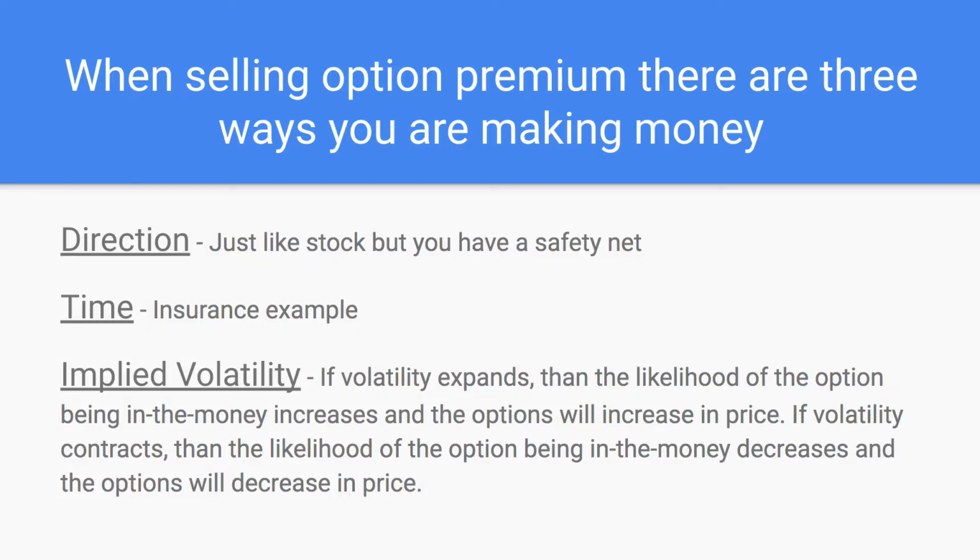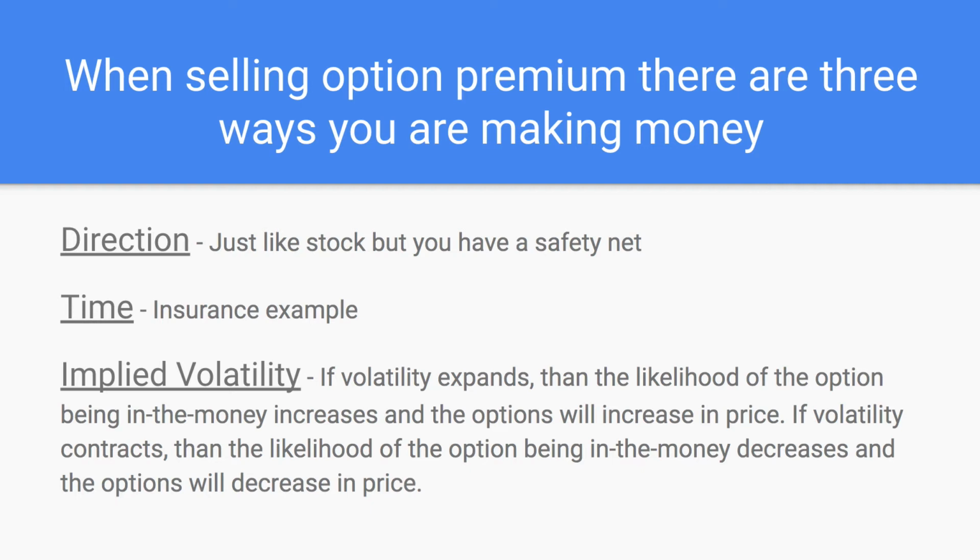$159. So when selling option premium, there are basically 3 ways that you're making money. First is direction. So just like stock, if the underlying moves up and you sold a put in that underlying, the price of the option will decrease, all else equal. But what I want to point out is that when you sell option premium, you do have a safety net.